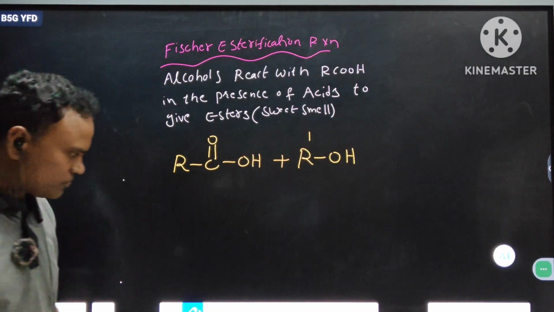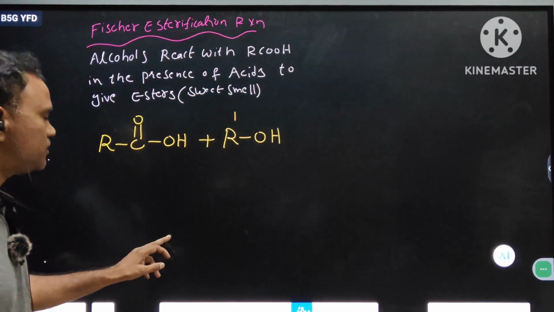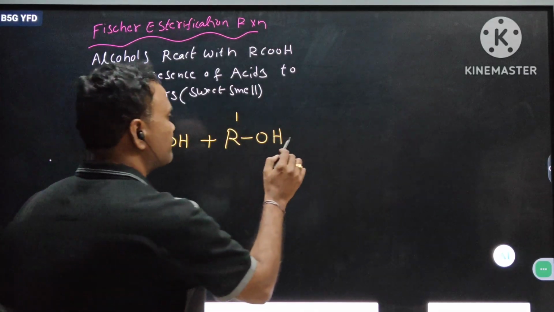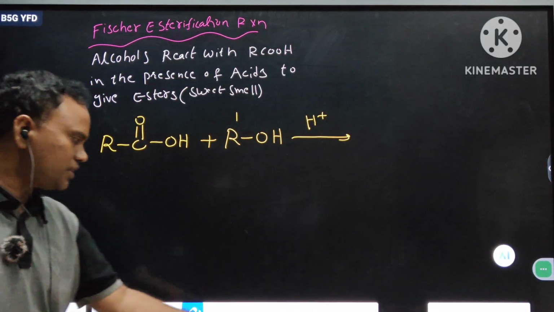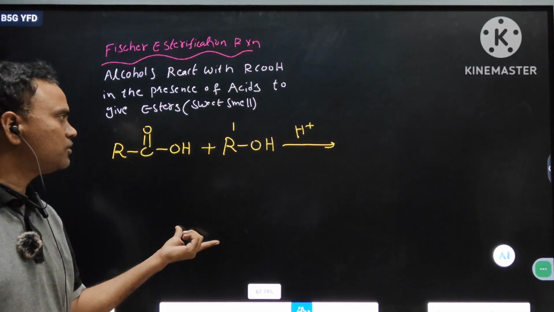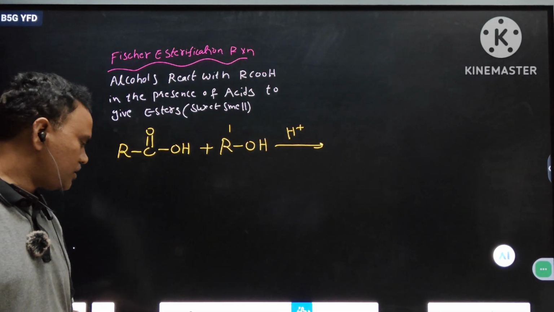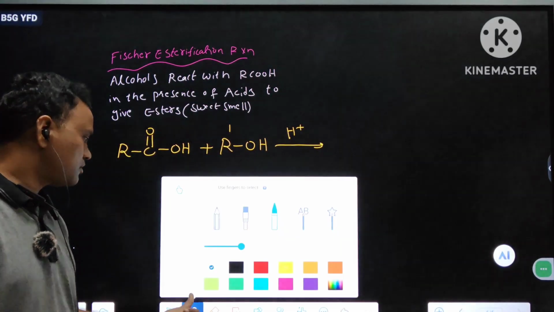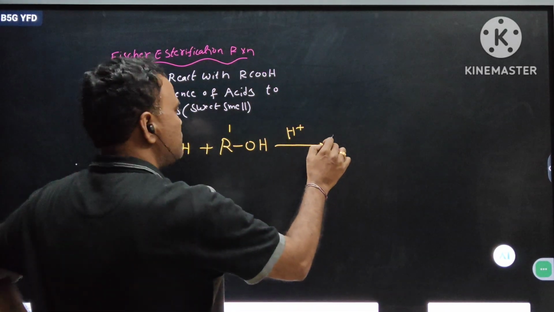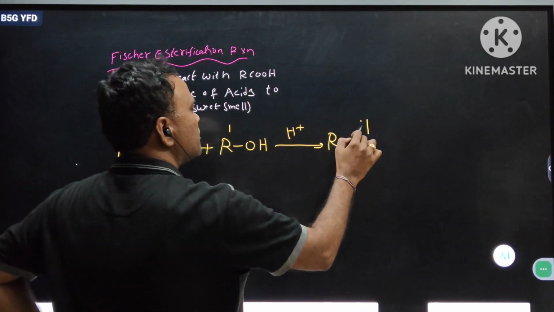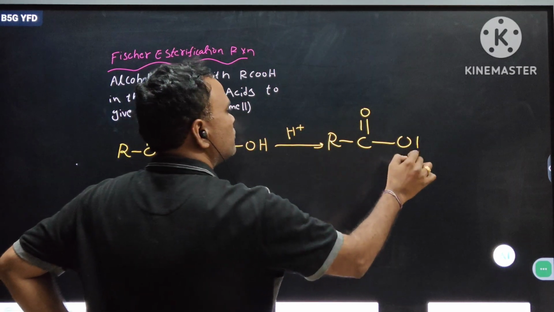In the presence of acid, H plus, acid catalyzed reaction, to give ester R, C, double bond, O.